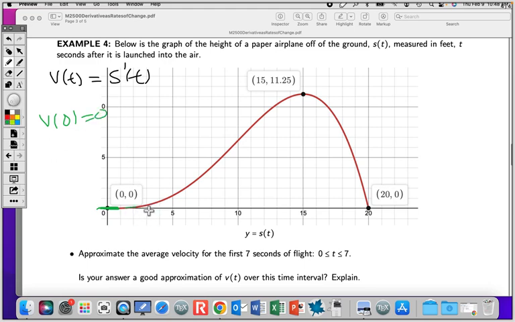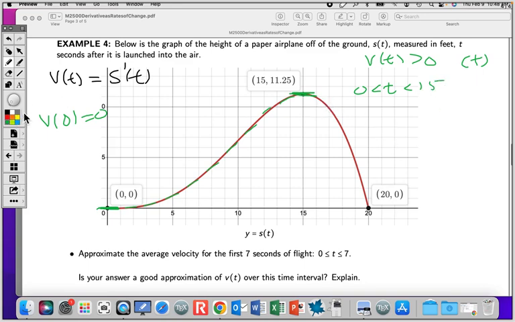Then the slopes are positive until we get to this point where the velocity is 0 again at the highest value. So v of t is positive for t values between 0 and 15.